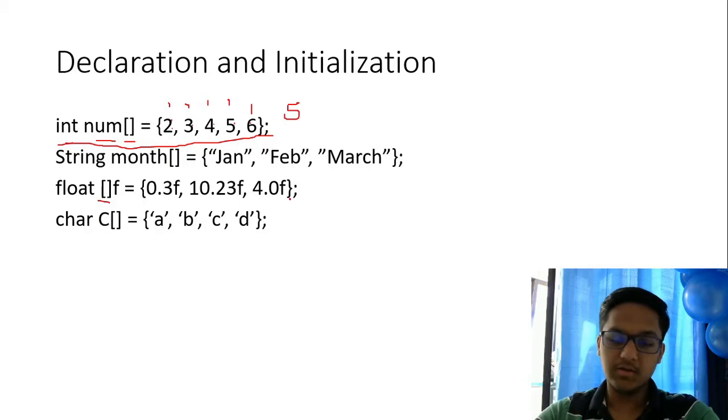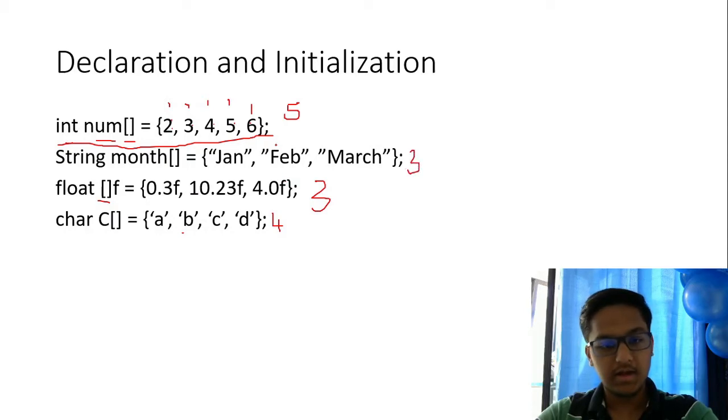So we put all the values of float, and there's an F suffix because we have to put that, otherwise it just assumes it's a double. Char C, you have to put the single quotes with all of these. So in this case, the array length is 4. In this case, the array length is 3 because there are 3 elements. In this case, the array length is again 3, and over here it's 5 since there are 5 elements.